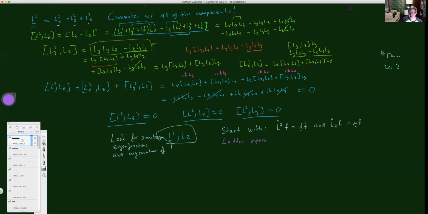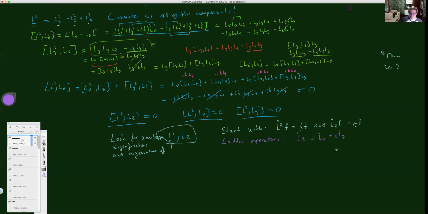They look like this: L plus-minus is equal to Lx plus-minus i Ly. There are two of them, an L plus and an L minus. They're both operators, and they're in terms of these other operators, Lx and Ly.